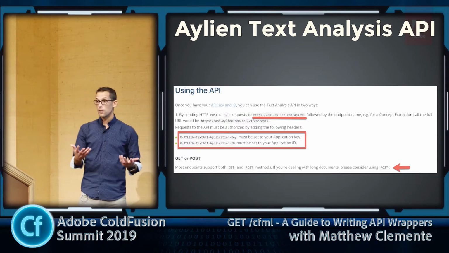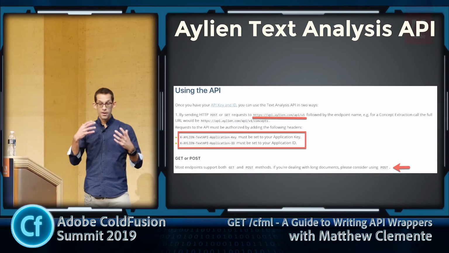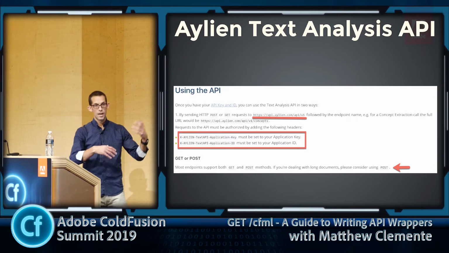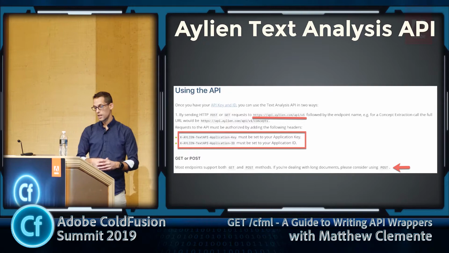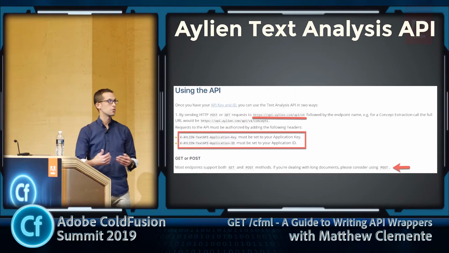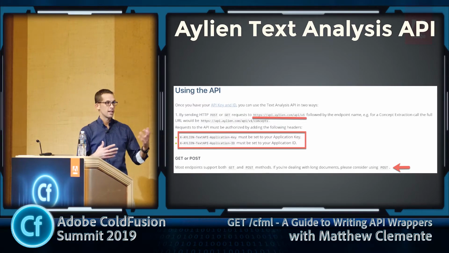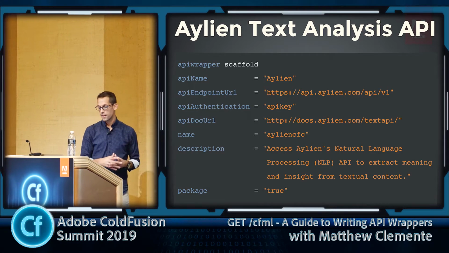So I looked at their official API clients, and all of their official API clients only use POST, so I just copied that. I only used POST when I was working on a wrapper for this API. Why would I use GET if your official clients don't use GET?